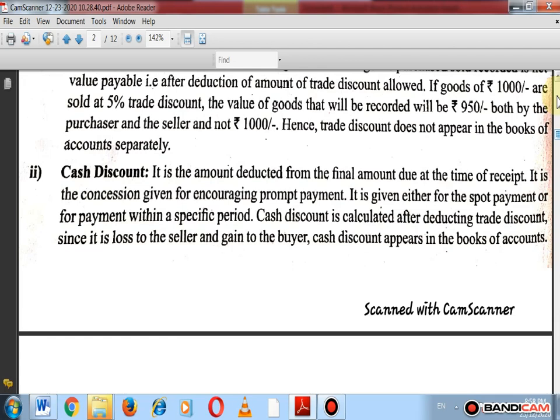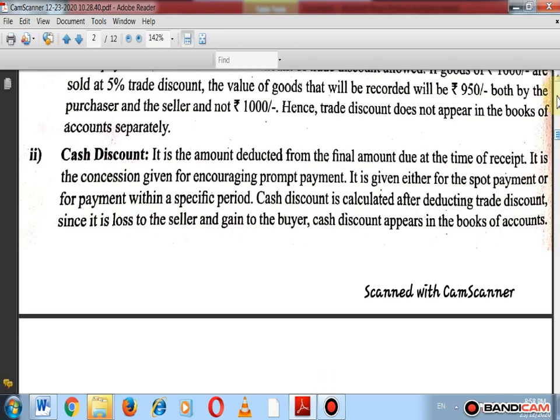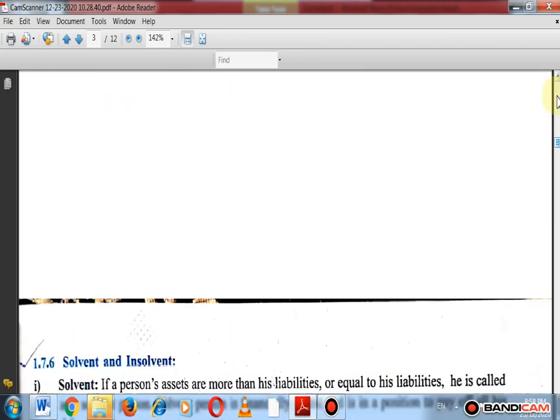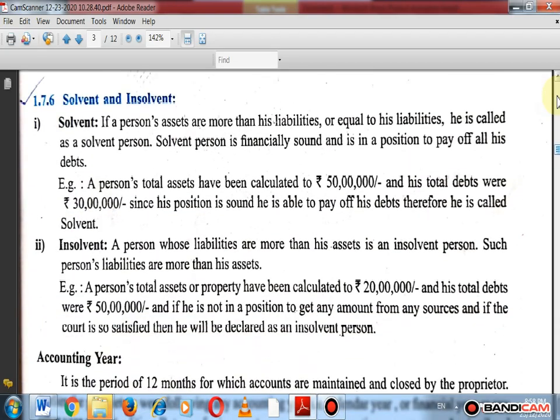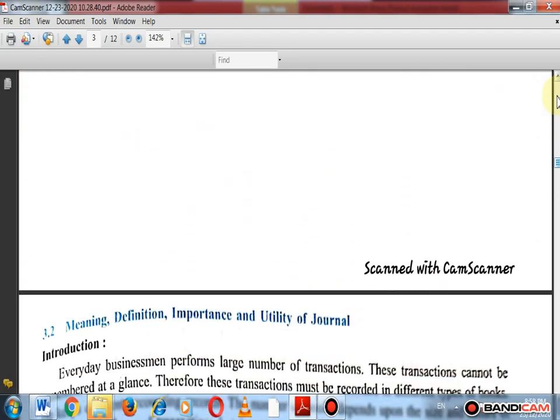Discount is our expense, so cash account debit rupees 950, discount account rupees 50, and to sales rupees 1000. So cash discount is shown in the books of accounts, but trade discount is not shown in the books of accounts. Solvent and insolvent is not necessary.